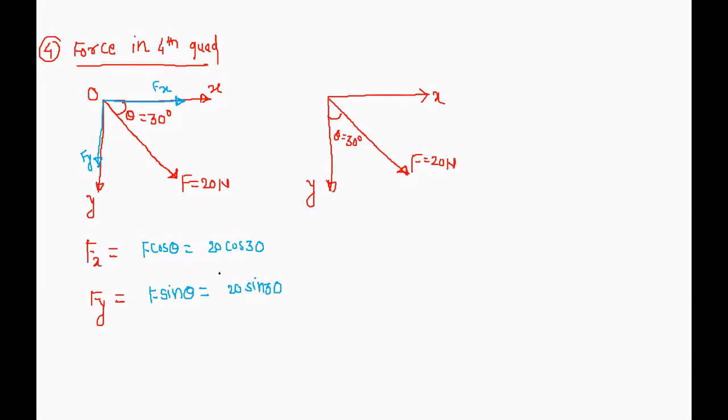Now consider the sign. X component is acting towards the positive x direction. So in the calculation, we will write this as a plus. Then y component, that is Fy, is acting towards the negative y axis. So in the calculation, we will take this value as a minus 20 sin 30. So you can calculate the exact value for 20 cos 30 and 20 sin 30.